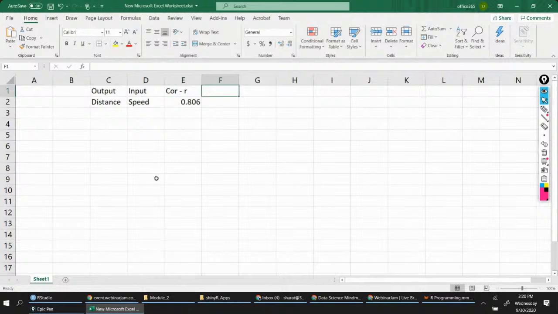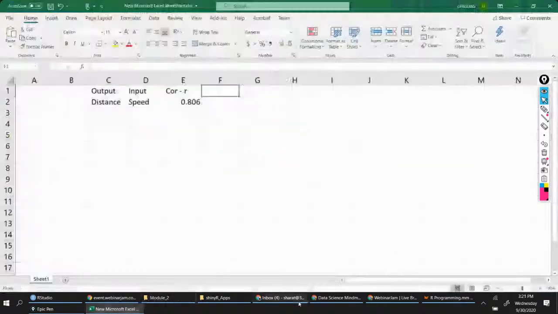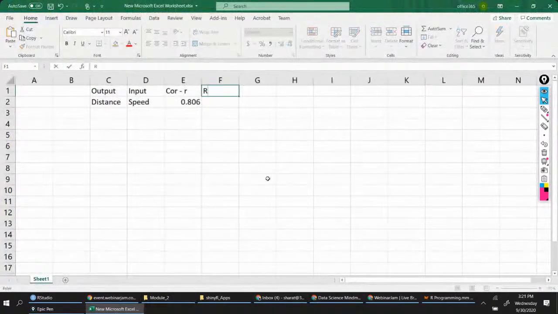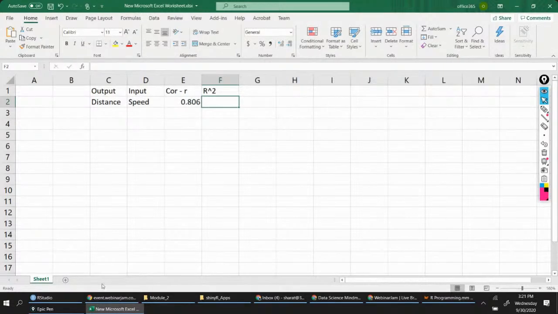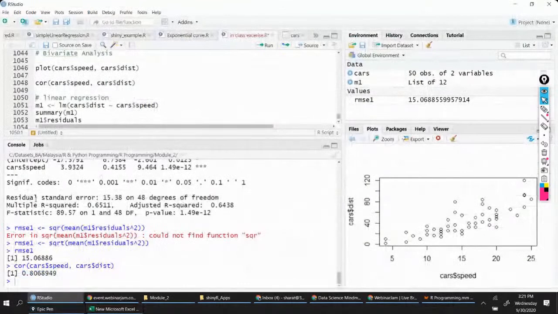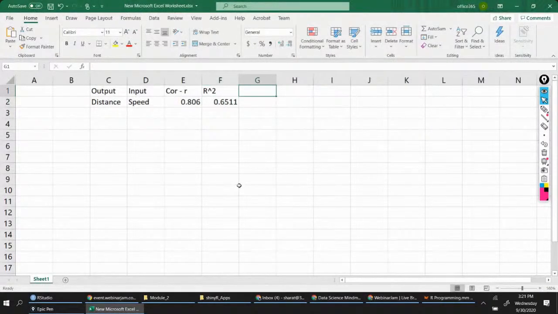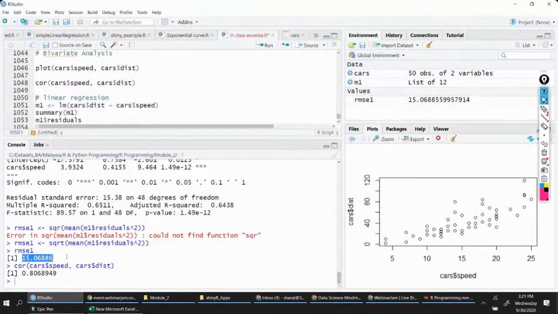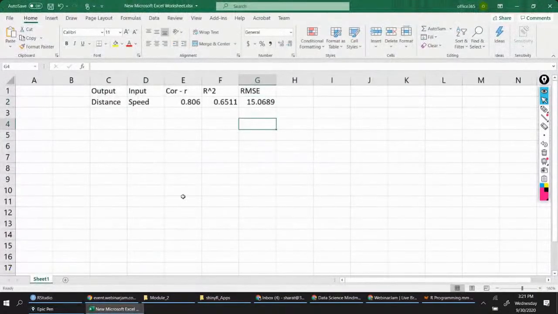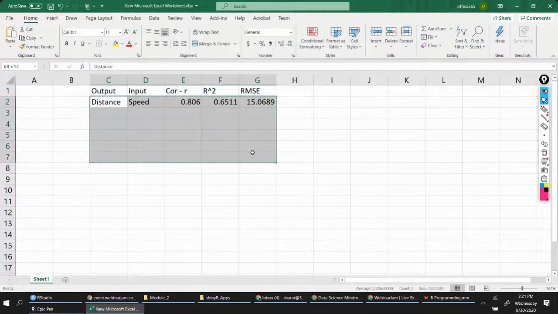The correlation coefficient is 0.806. Then we also have R squared. How much did we get as R squared? When you did summary, we got R squared as 0.6511. And we also calculated root mean square error. RMSE stands for root mean square error, which is 15.0689.